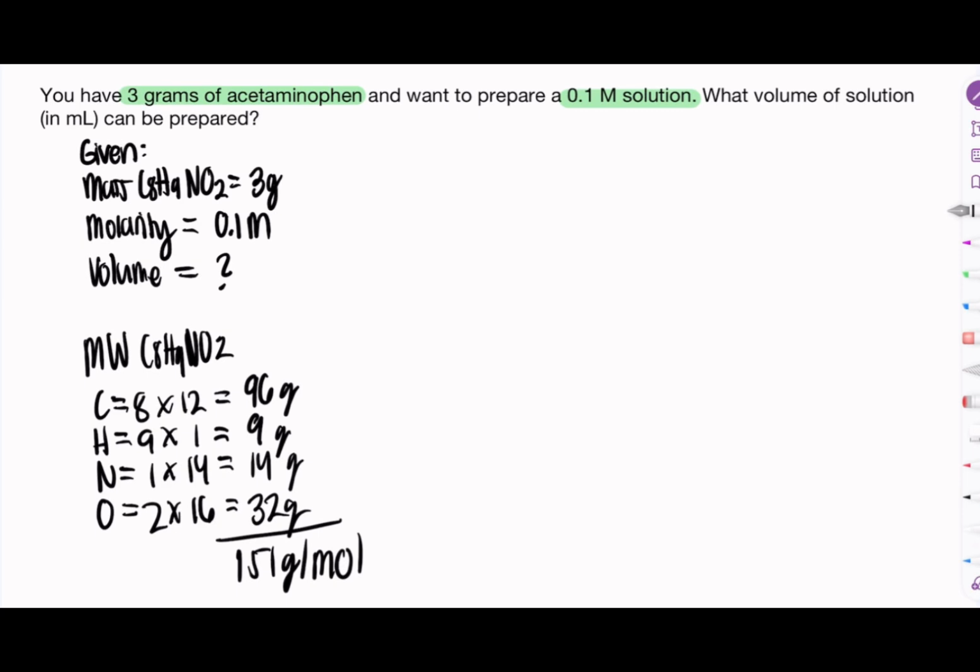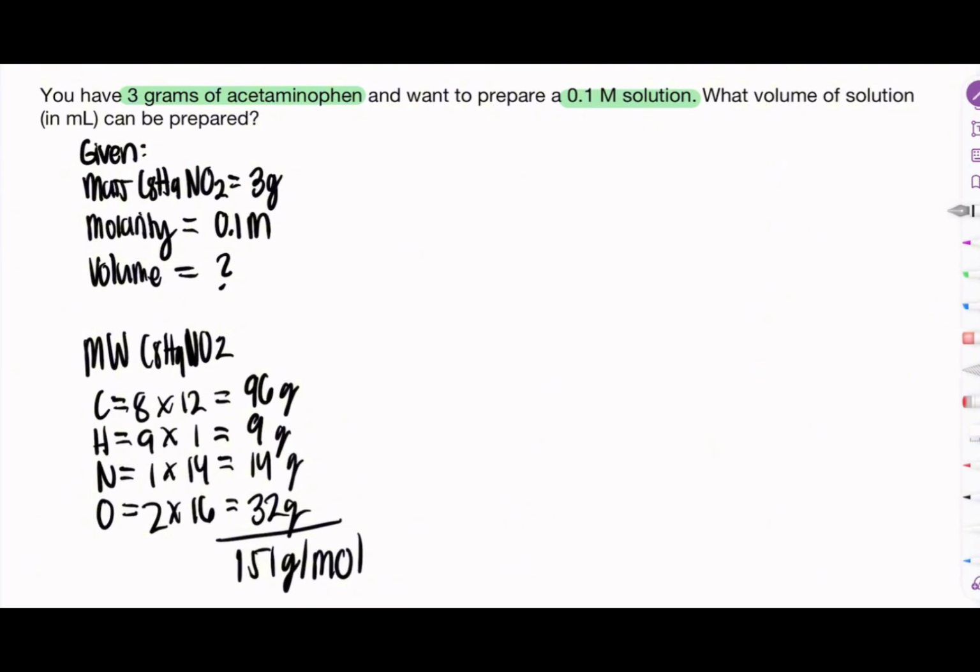Now, after we found our molecular weight, we can find the moles, because we have our mass as a given and we have solved for the molecular weight. So our moles formula, just MOL is fine. Or please write down in the comment section if it's supposed to be mole or with an E, or I don't know.